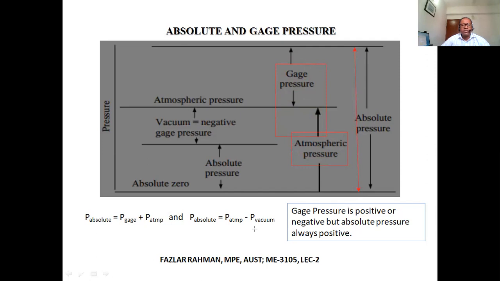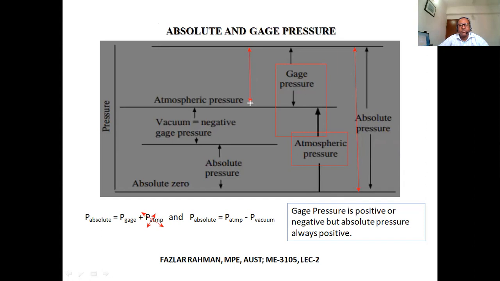And if your gauge pressure is vacuum, then you put atmospheric pressure over here, then minus the vacuum pressure. Gauge pressure might be positive or negative, but absolute pressure will always be positive.